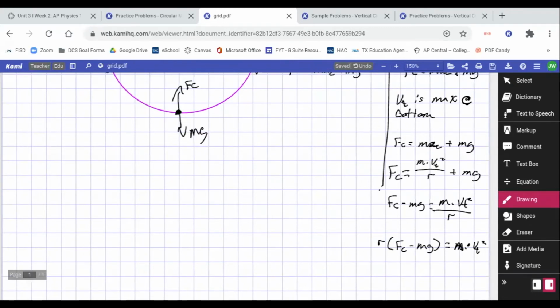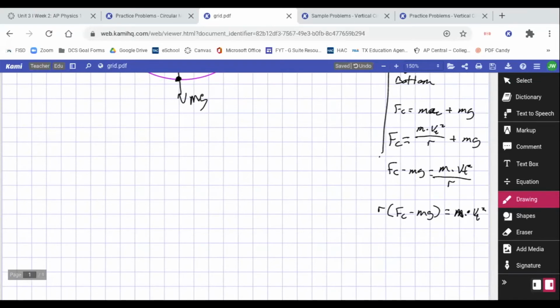If I want to divide both sides by m, they cancel on the right. So I would have r times Fc minus mg divided by m is equal to vt squared.